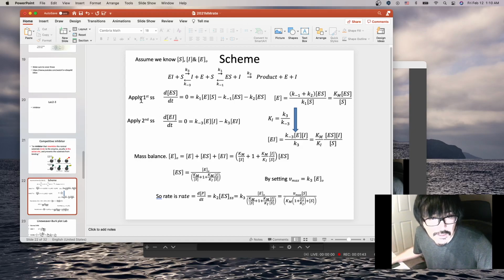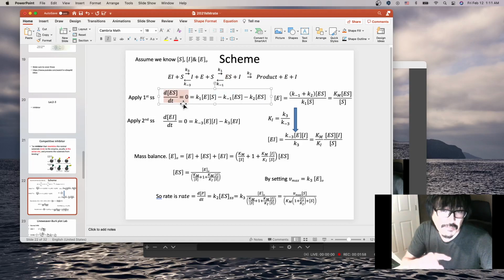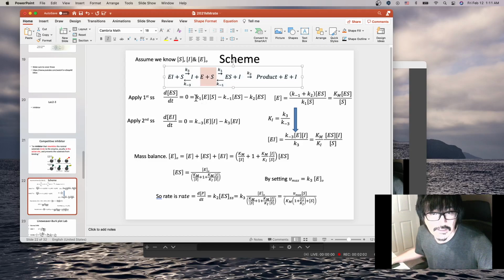So I think I'm gonna probably go slower for the first one. For this one, I am going to apply the fast steady state approximation for the ES complex right here. So the concentration of ES is not going to change, which means that this becomes 0. So ES can be formed from here, right? That will be the forward reaction of that.